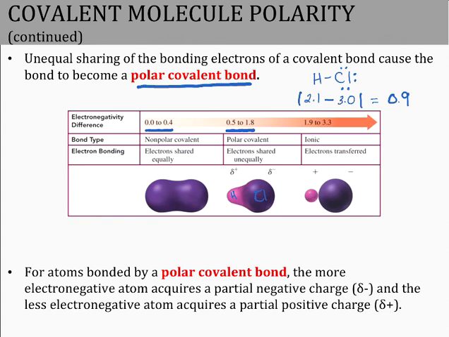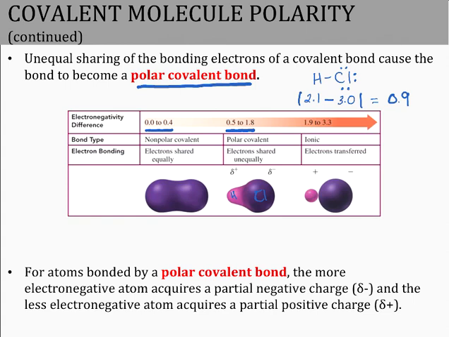So that side of the molecule is actually a little bit negatively charged. So we would call that a partial negative charge. And electrons are not as attracted to hydrogen, so we kind of have a lack of electron density on that side of the molecule. So we would say that that side of the molecule is partially positively charged.